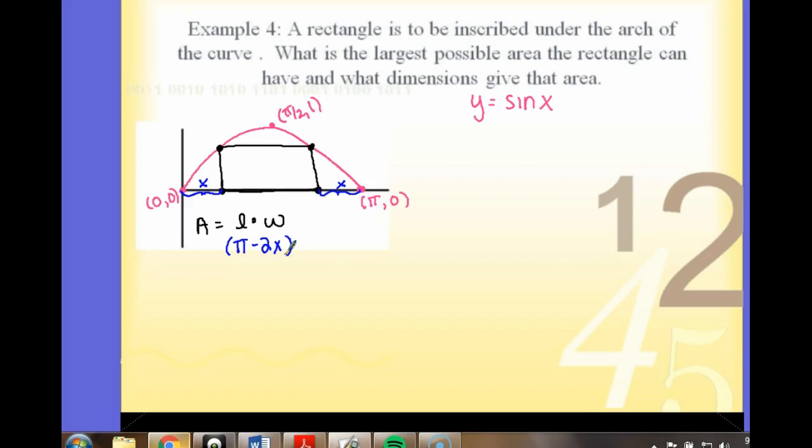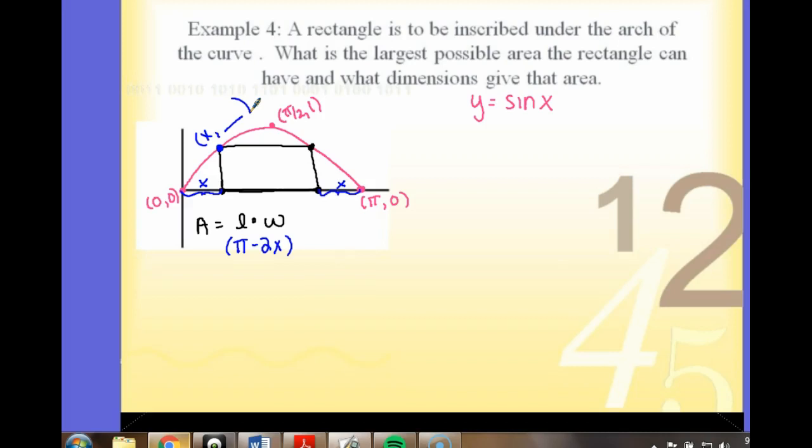So if the length is pi minus 2x, how do you find the height? What would this point right here be? It would be x, whatever that is on the sine graph. So what does y represent? The equation sine x. If it's x for the x value, you plug in sine x.